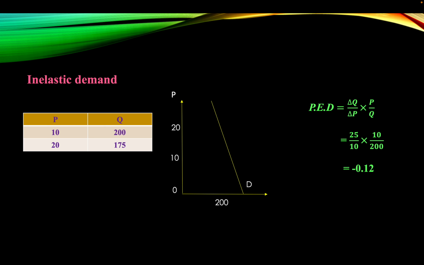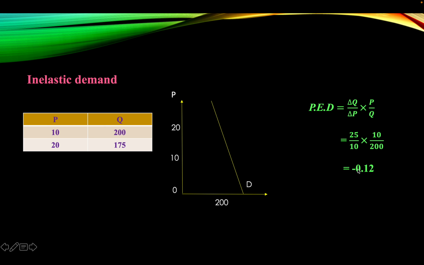Then inelastic demand. The price changes from 10 to 20, that means delta P is 10. The quantity changes slightly, you can see here from 200 to 175, that means 25 is delta Q. The price we take is 10, the quantity is 200, and the coefficient is 0.12, that means less than 1, that means inelastic demand.